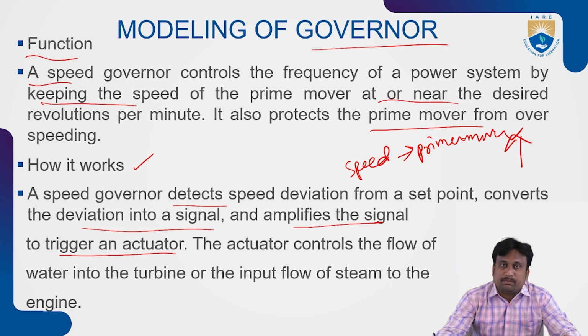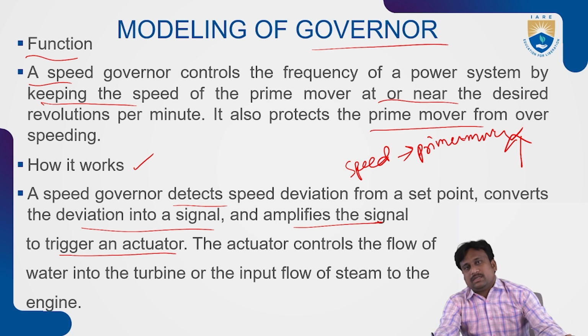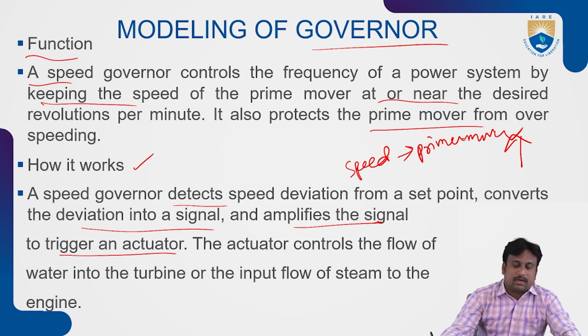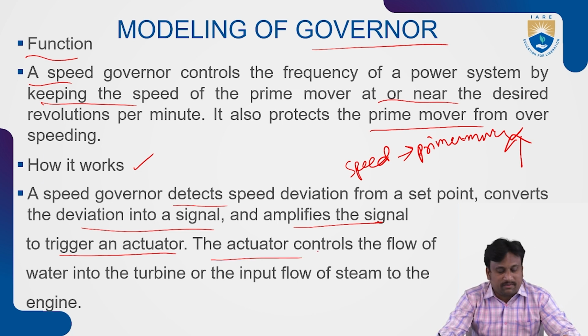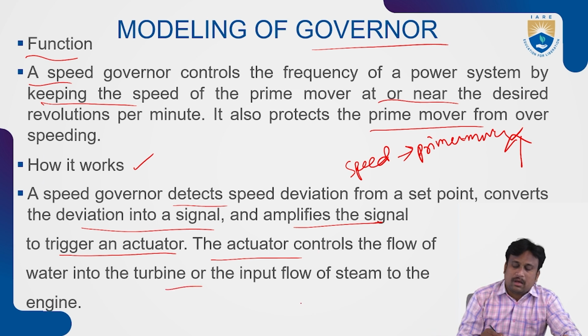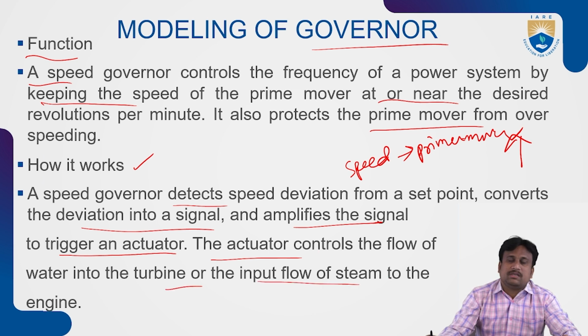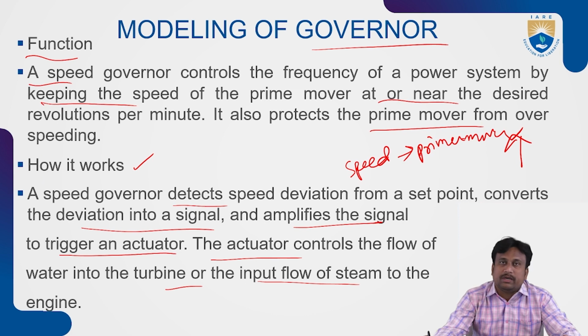The signal is passed to the amplifier, which determines the triggering or actuating position. The actuator then controls the flow of water into the turbine or the input flow of steam to the engine. Likewise, the speed governor mechanism works.